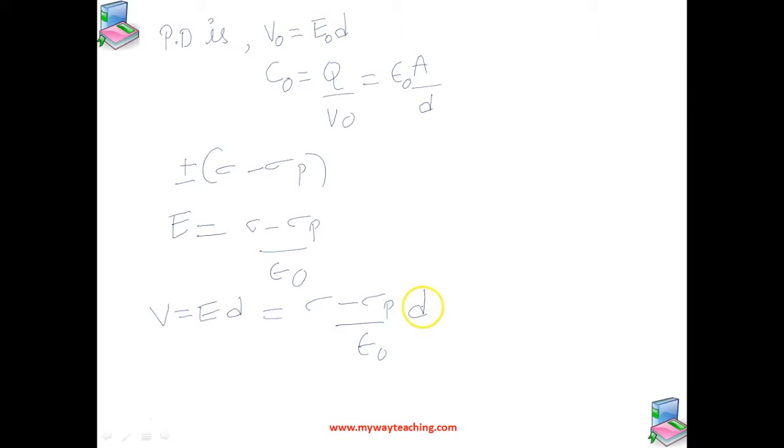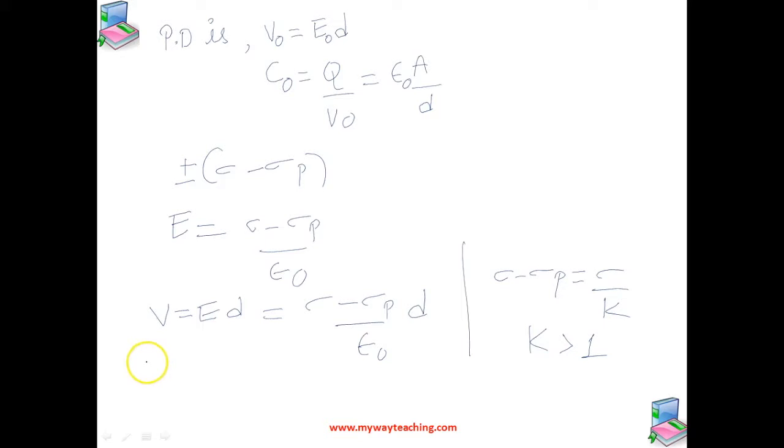For linear dielectrics, we expect sigma p to be proportional to E naught, that is, to sigma. So sigma minus sigma p is proportional to sigma. So we can write sigma minus sigma p is equal to sigma by K, where K is a constant characteristic of the dielectric, and here K is greater than 1.